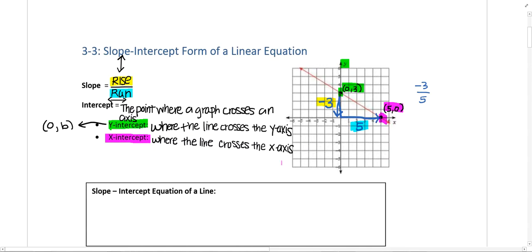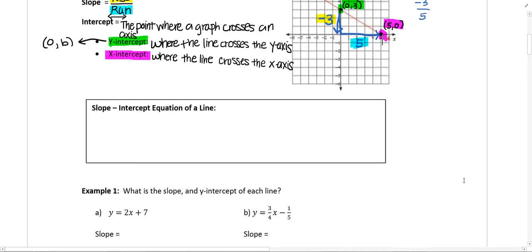So the slope-intercept form is a way of writing a linear equation that tells us a slope and an intercept. Specifically, the intercept that we're talking about is the y-intercept, not the x-intercept.